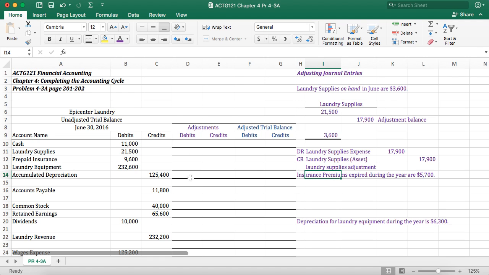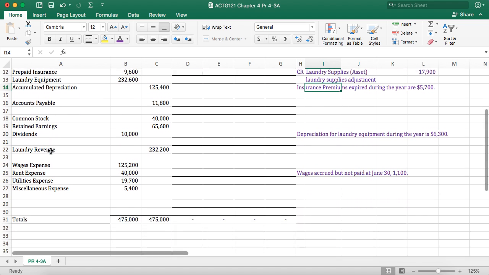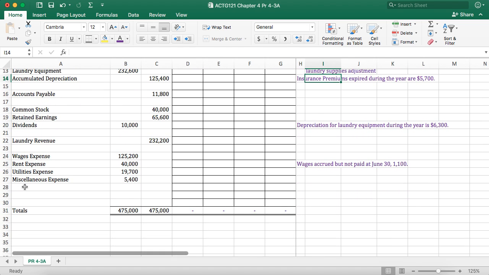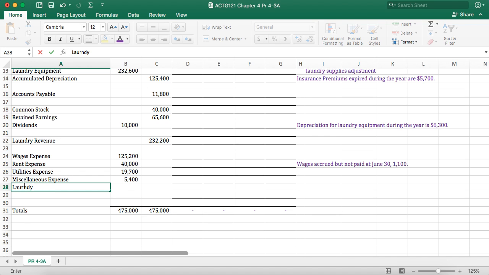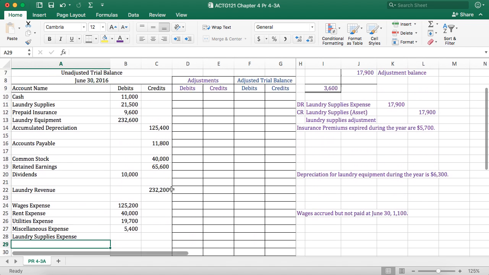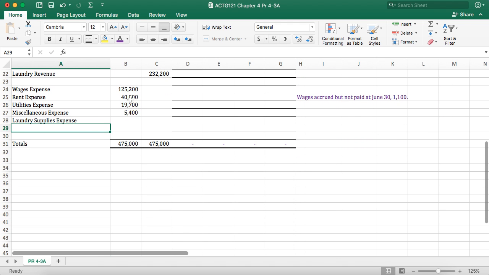So I'm going to put it right here in my spreadsheet. So laundry supplies expense first, and I don't have one in my expenses, so I'm going to add it. So when making your adjusting journal entries, if you don't have the account, just type it in. And remember, this is our original unadjusted trial balance, so I need to put the debit in this column here.